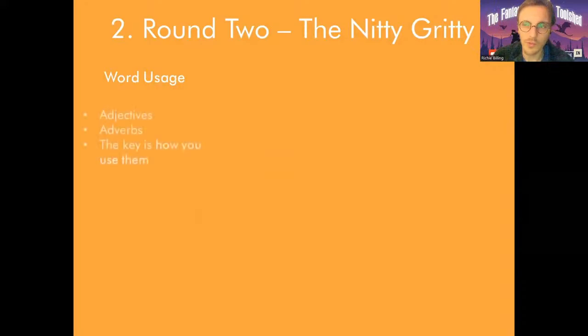So first of all, word usage, adjectives, adverbs. Let's have a look, because much is spoken about these. Stephen King, whose On Writing we've probably read, is someone who said that adverbs should never be used, but uses them all the time in his own stories. So you're like, what the hell, Stephen? Adjectives, again, get a lot of criticism, but these two groups of words have their place, especially when it comes to creating vivid images in people's minds, more so for adjectives.